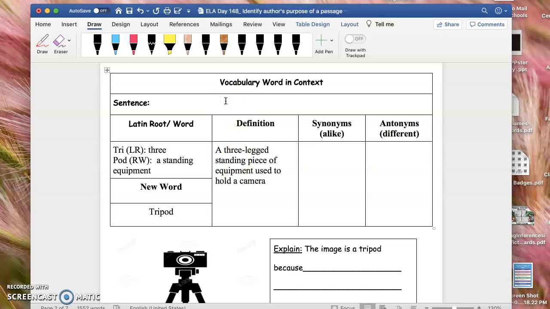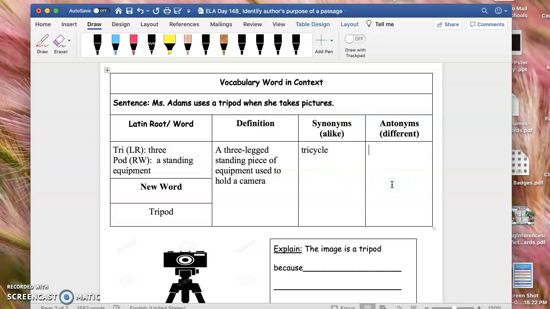Okay, and so I am going to use it in a sentence. You can use my sentence or you can create your own. Miss Adams uses a tripod when she takes pictures. A synonym for tripod would be, when we think of things that have three, like a tricycle that has three wheels, right?